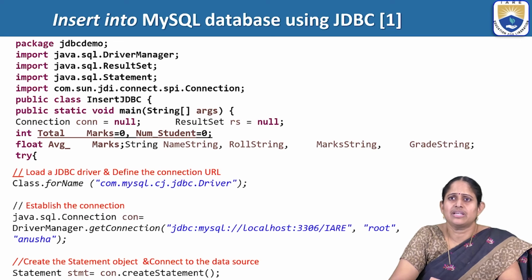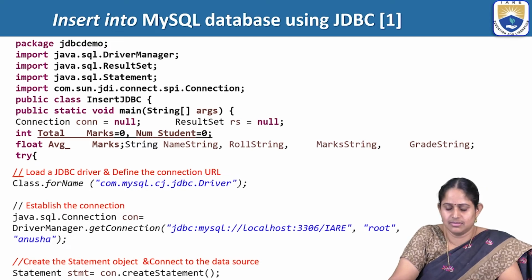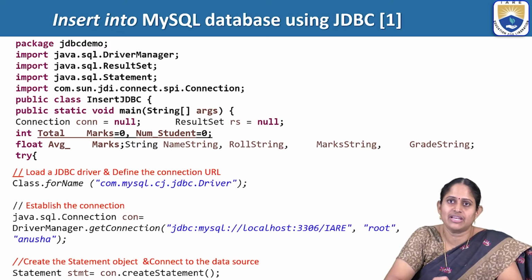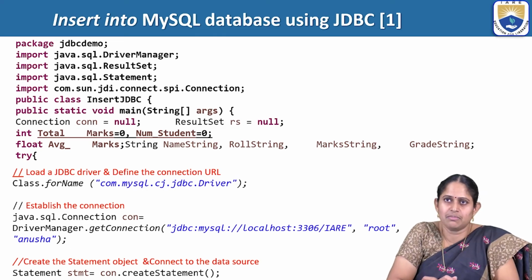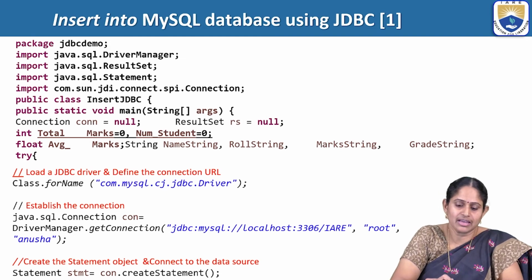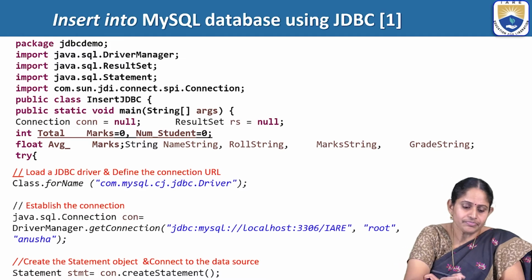Now let's look into a simple example of inserting data into my table, which we have created already. I had created my table using a MySQL database, and we will be using JDBC connectivity.